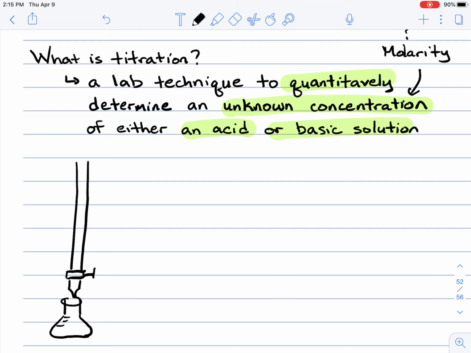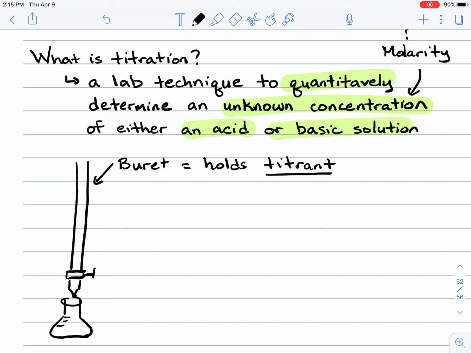So let's go ahead and review the parts. This instrument here that I've drawn is known as the burette. The burette typically holds your titrant. We're going to add on to this definition by introducing ourselves to terminology.